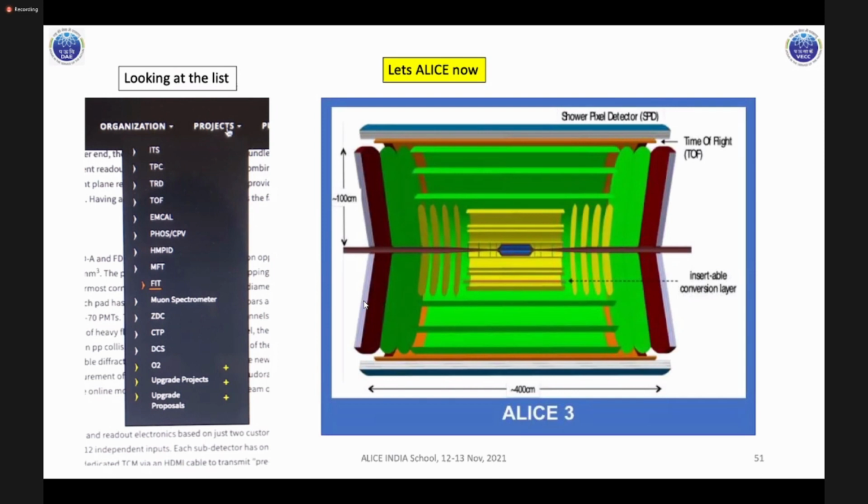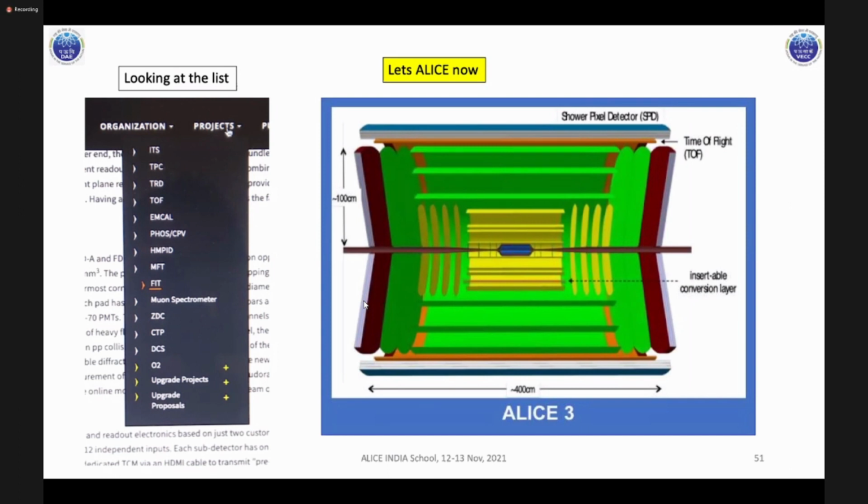What is ALICE 3? This is the future of the ALICE experiment. At the present stage, the ALICE detector has many detectors using different kinds of technologies: sometimes gas detectors, sometimes resistive plate chambers, Cherenkov radiators, or silicon detectors, or scintillator detectors, and so on. What is the projection like? In future, ALICE will be using only silicon detectors.